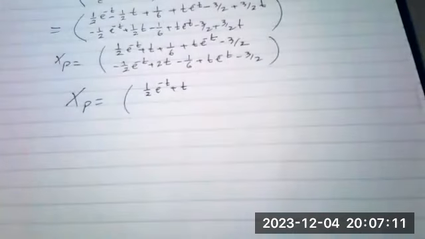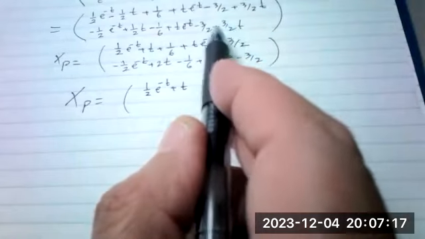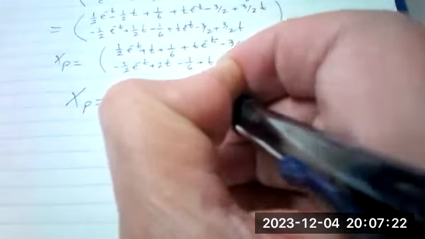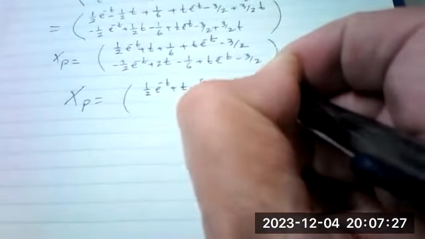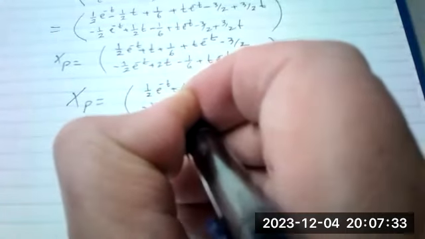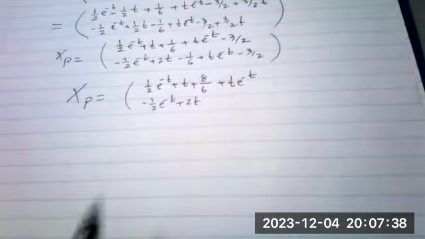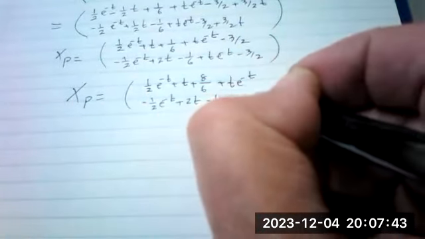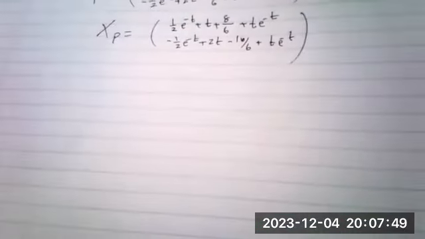These two numbers is going to be 9/6. It's going to be plus 8/6. Okay, that give you 8/6 and the t e to the negative t. And the second part, negative 1/2 e to the negative t, 2t. Okay, in this case, it's going to be minus 10/6. 10/6 plus t e to the negative t. So, believe it or not, this is going to be xp.